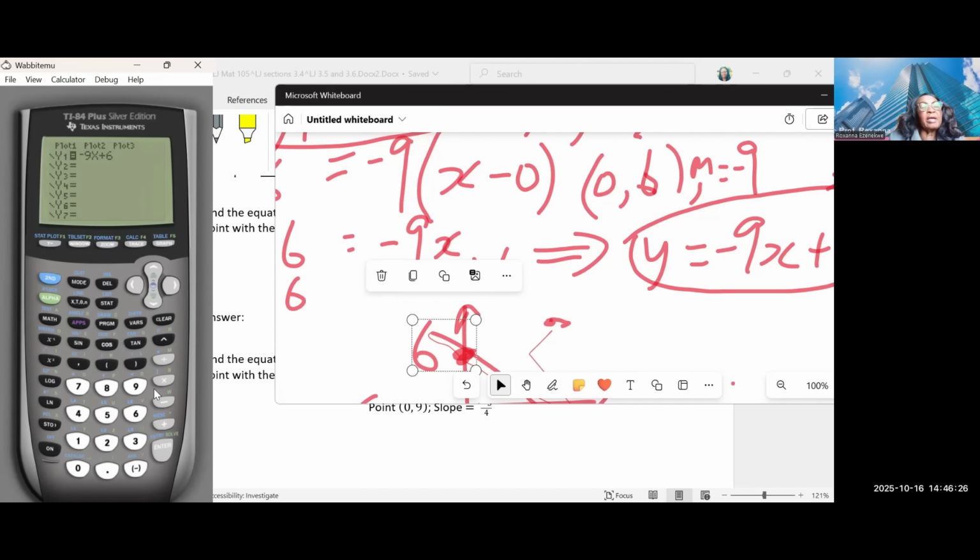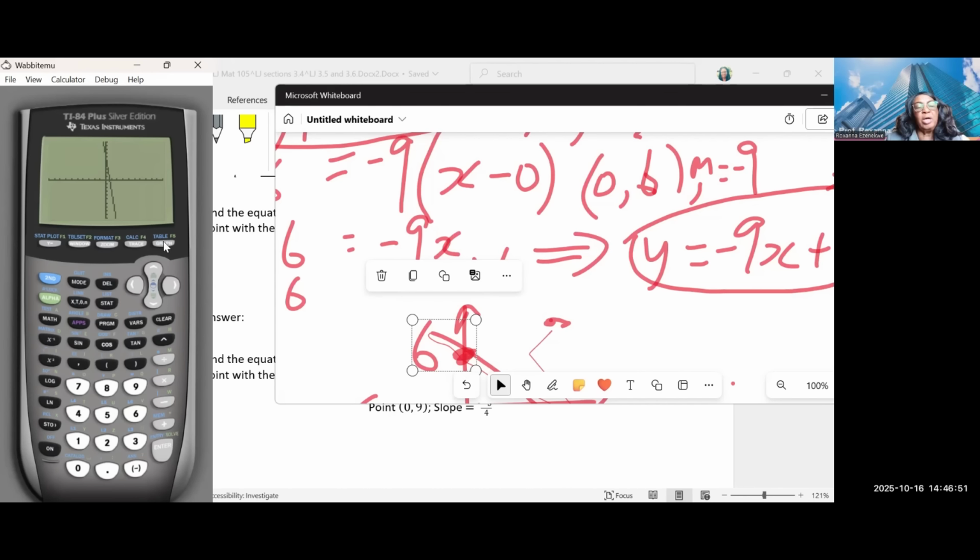Before I graph the equation, let me look at my window and see how it is. Maybe I can just graph it and see how the sketch looks. Okay, so I saw a line.